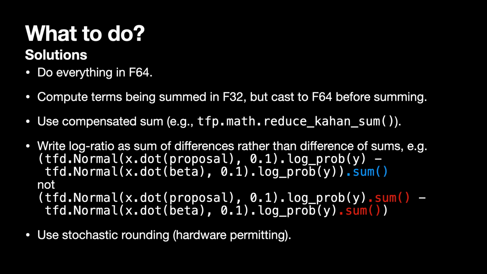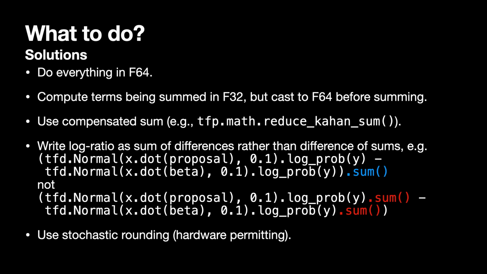So how do we solve this problem? Well, of course, one option is to do everything in float 64, but that might not be palatable, for example, if you're running on a consumer-grade GPU. Another option is to compute all of the terms that are going into that big sum in float 32, but cast them to float 64 before summing so that you get rid of those catastrophic cancellations. Similarly, you can also stay in float 32 but use a compensated sum technique like Kahan summation.